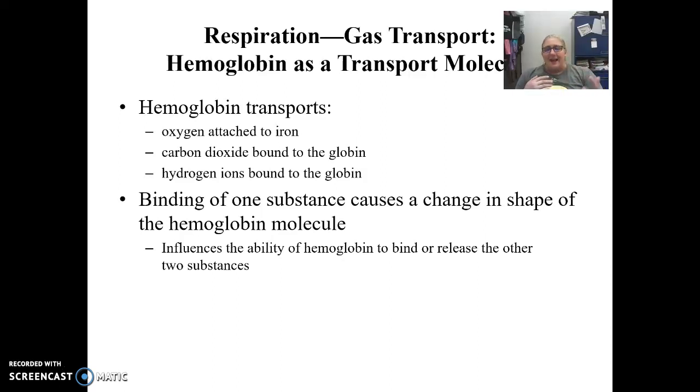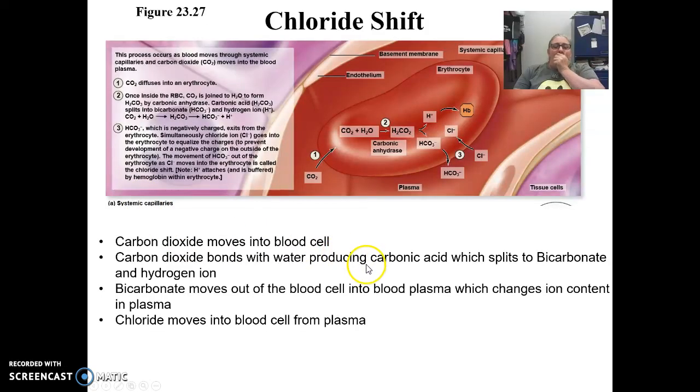And that's how oxygen moves from the hemoglobin into our tissues, because it gets released as carbon dioxide comes in and binds. But because most carbon dioxide doesn't bind to the globin portion, what typically happens is it moves into the blood, into the red blood cells.